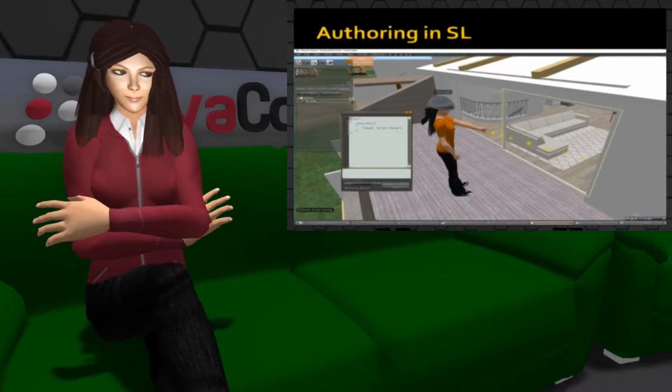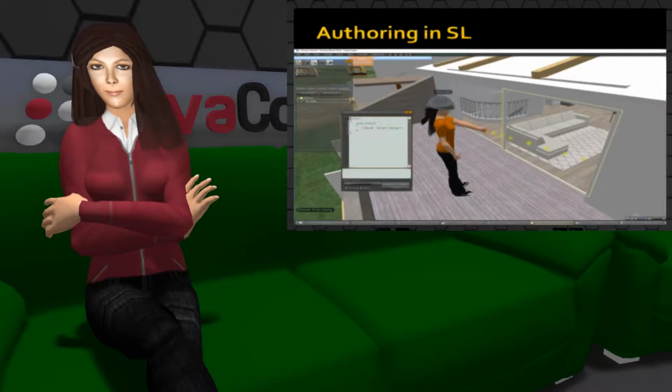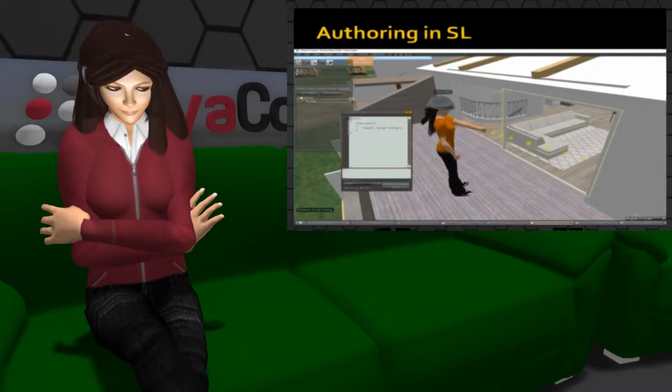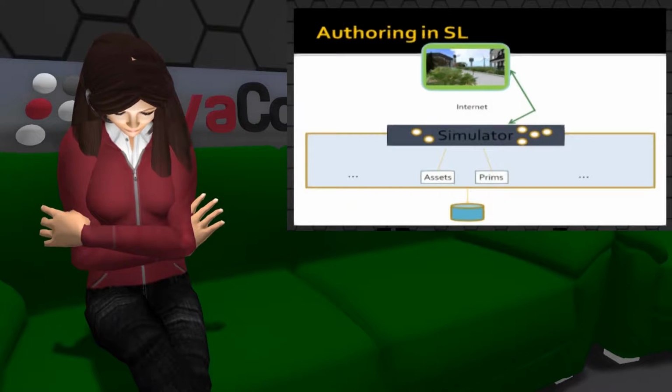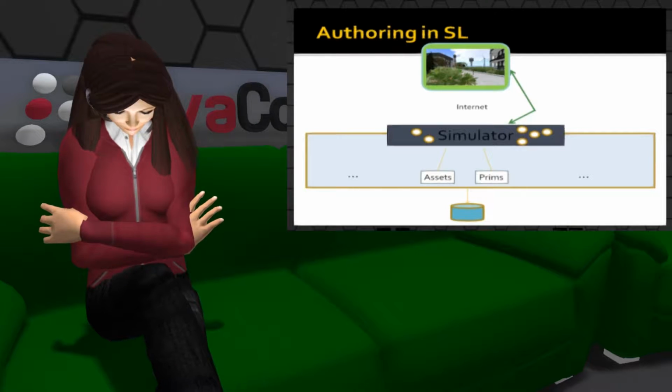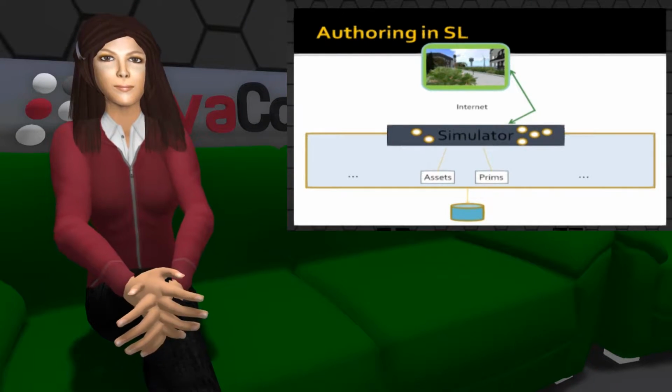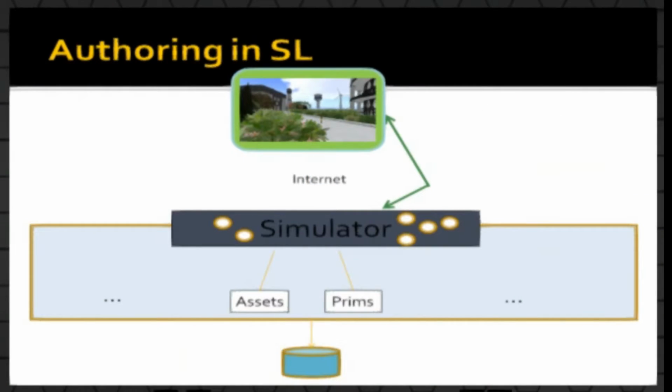So what happens when you create these primitives, and I'm going to get a little technical here, is that you create these objects with the viewer, and then on the back end at the server, the simulator creates an object or more that represents that object that you have created in world, and then that object is stored on the database.